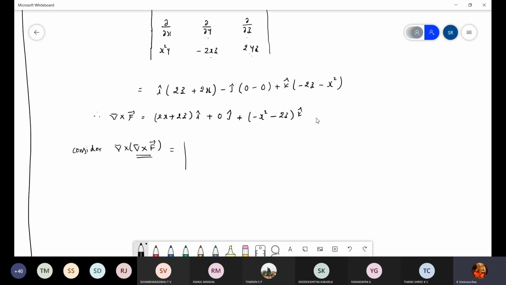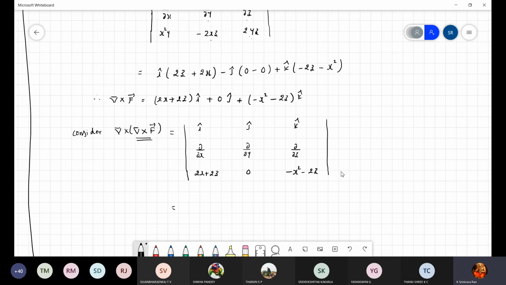Curl of curl f equals determinant of i cap, j cap, k cap; dou by dou x, dou by dou y, dou by dou z; and 2x plus 2z, 0, minus x square minus 2z. You can take minus outside also, so you get the same answer.